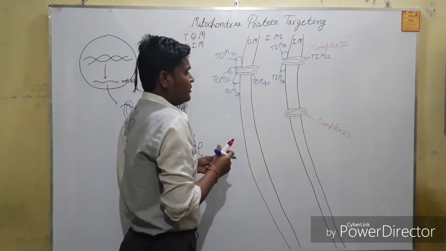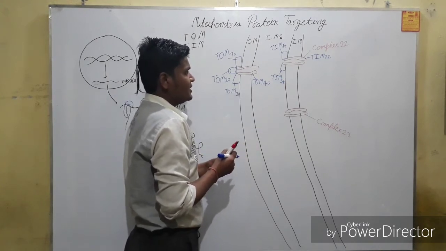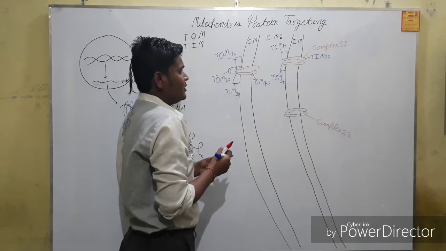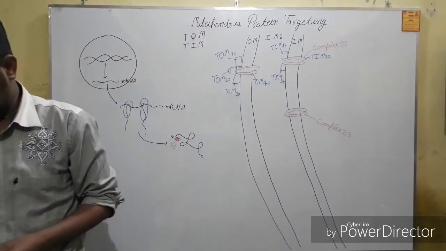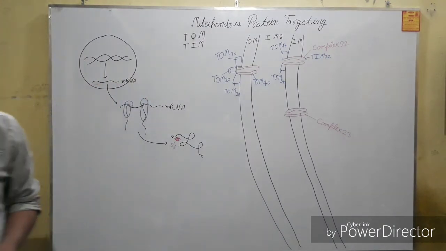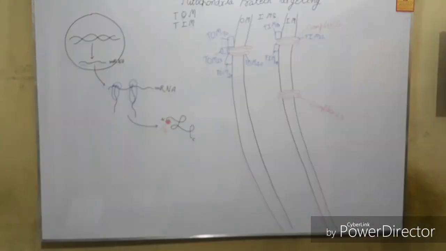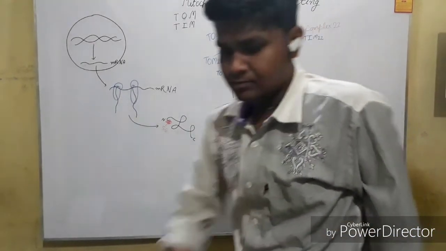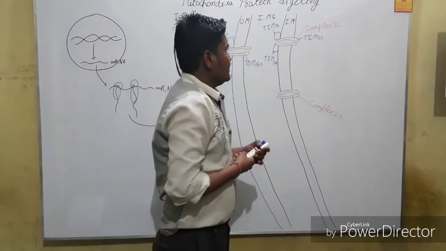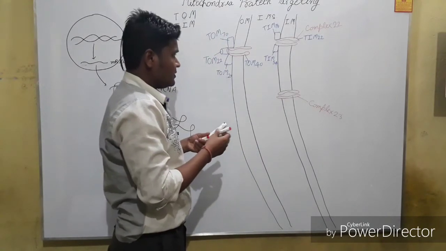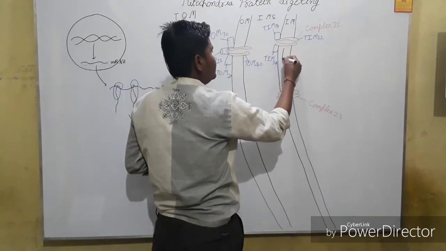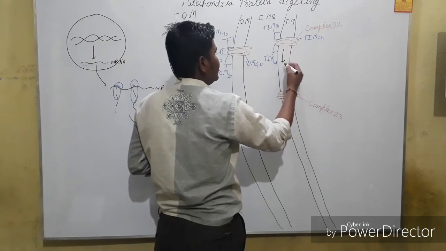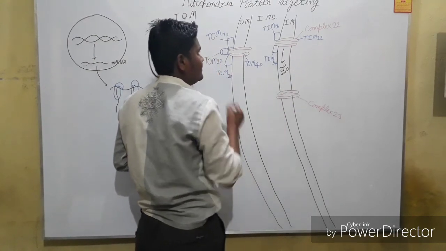Now about complex 23. Complex 22 targets the protein into the inner membrane. Here the protein comes.